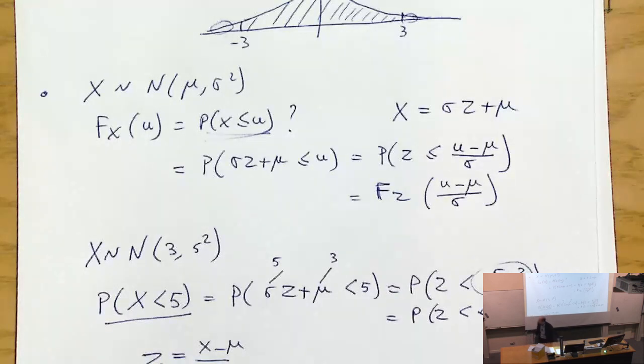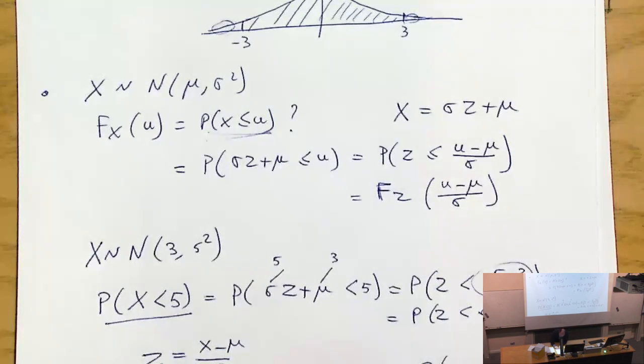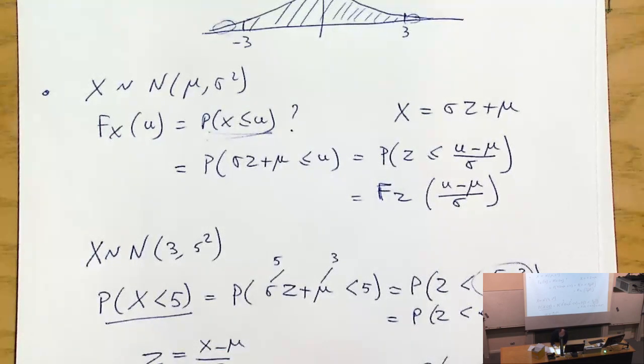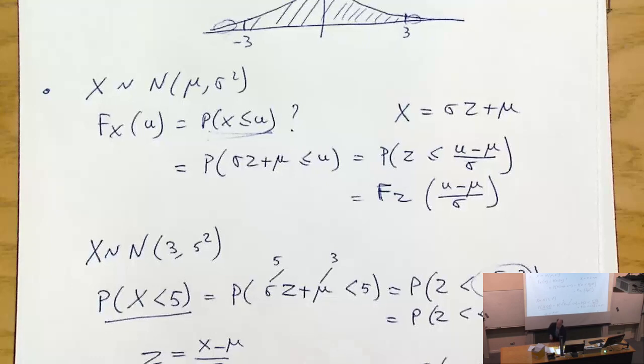The other column is actually if you want to have more accuracy. So if you're looking at z smaller than, I don't know, 1.01, for instance, then you go into the second column. 1.01 would be here, and you have all the way to 1.09.